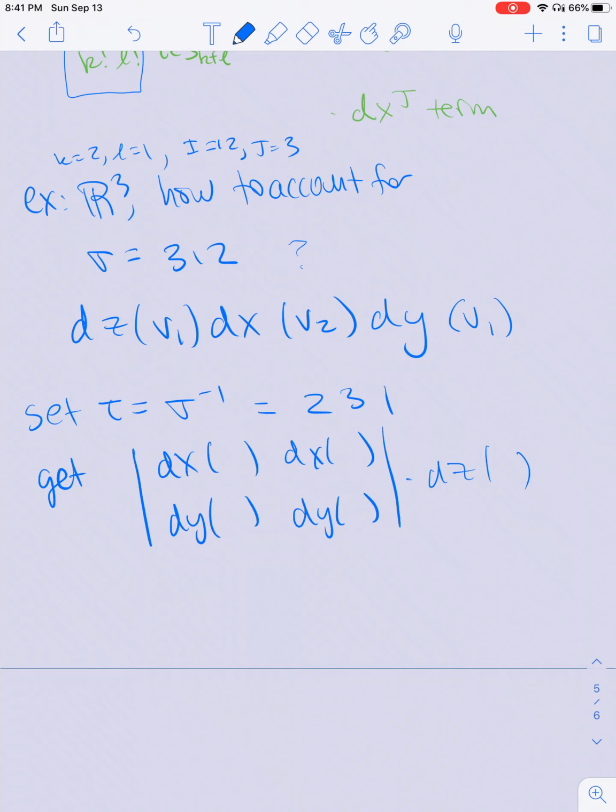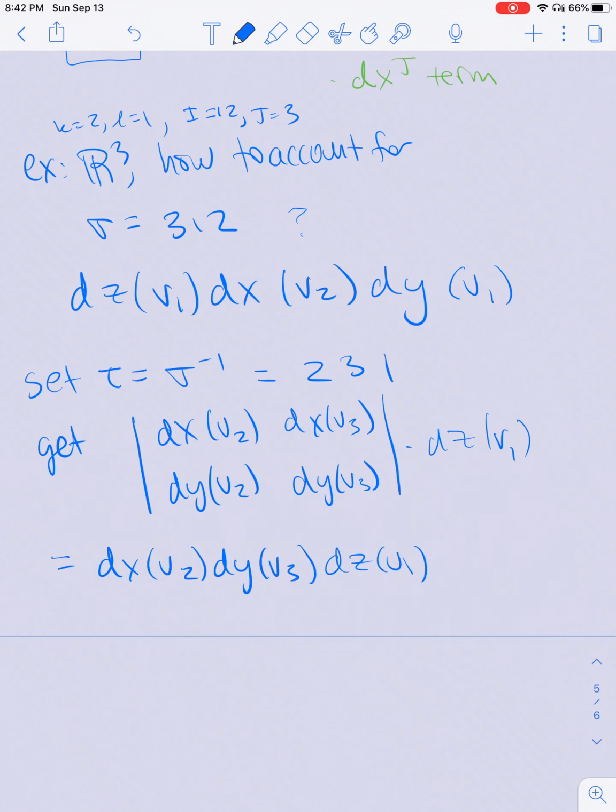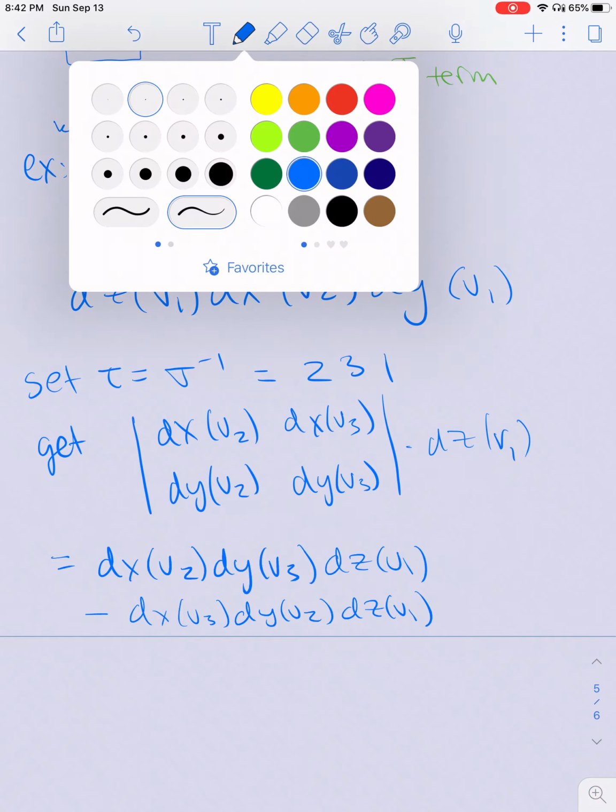So I'll get dx applied to tau of 1, which is 2, and then tau of 2, which is 3, and then tau of 3, which is 1. Then this equals dx of v2, dy of v3, dz of v1, minus dx of v3, dy of v2, dz of v1. Okay, so we're looking really good because we almost have equality.